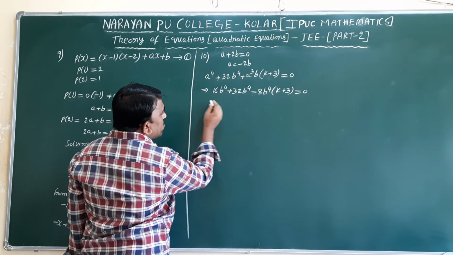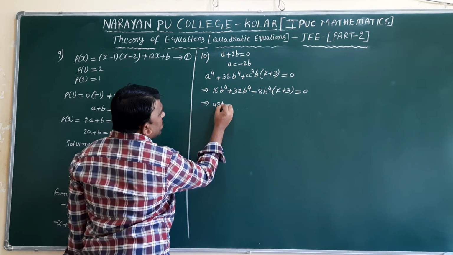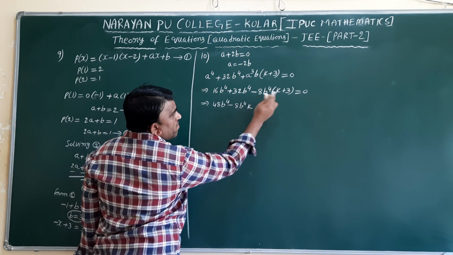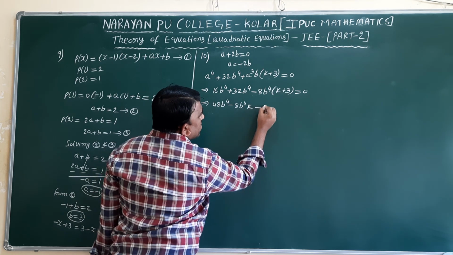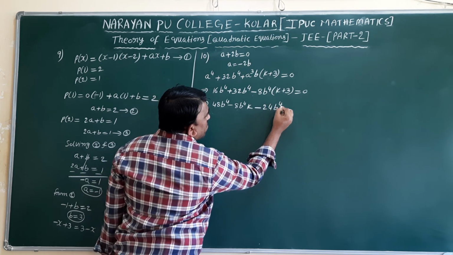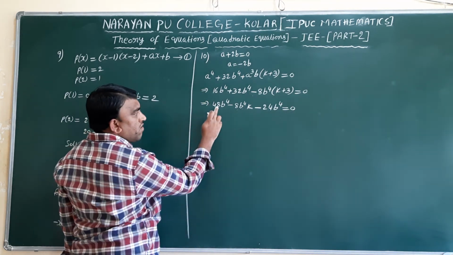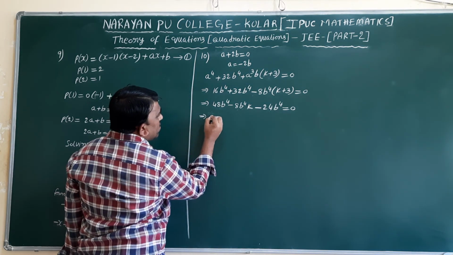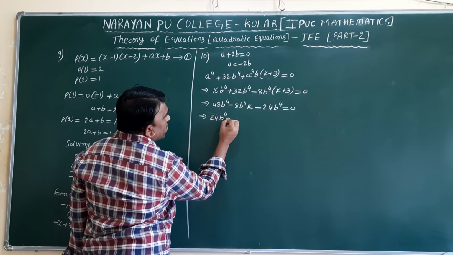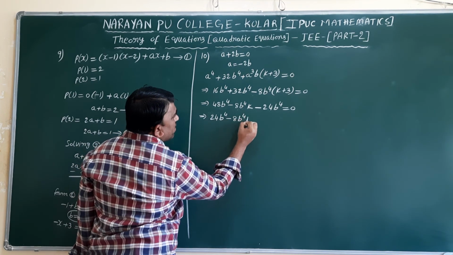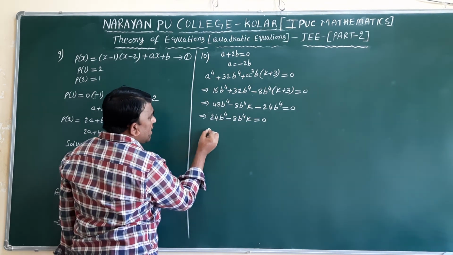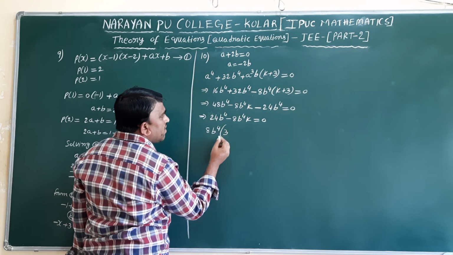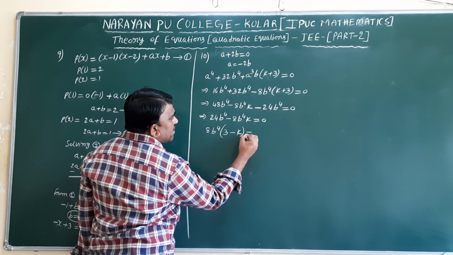So 16 plus 32 is 48 b power 4, minus 8 b power 4 k, minus 8 into 3, 24 b power 4 is equal to 0. 48 b power 4 minus 24 b power 4, 24 b power 4 minus 8 b power 4 k is equal to 0. 8 b power 4 we can take common, remaining is here 3 minus k is equal to 0.